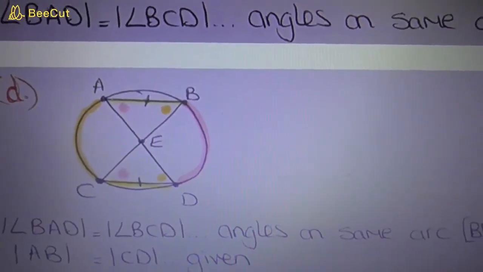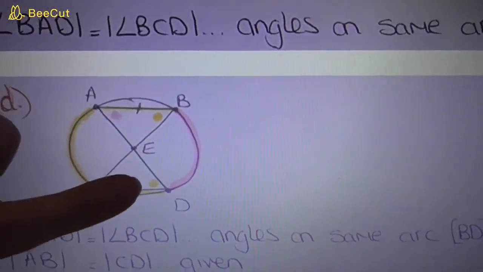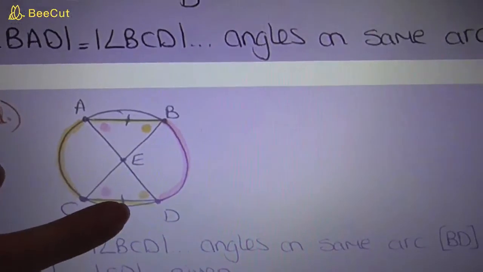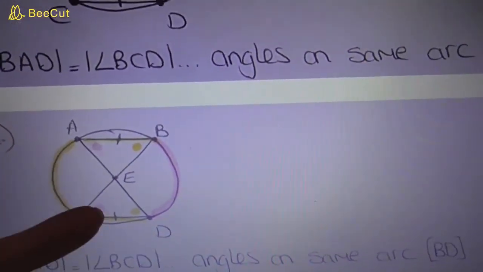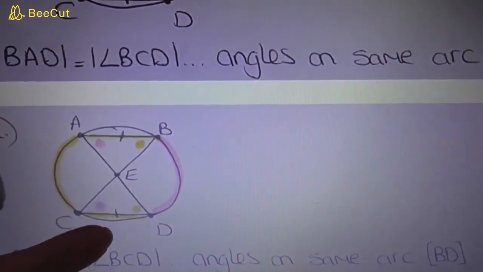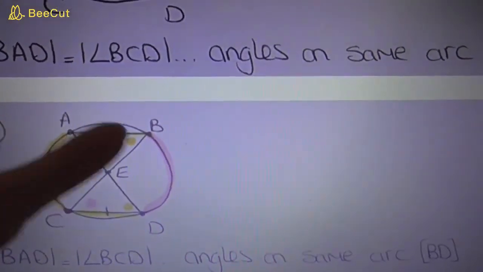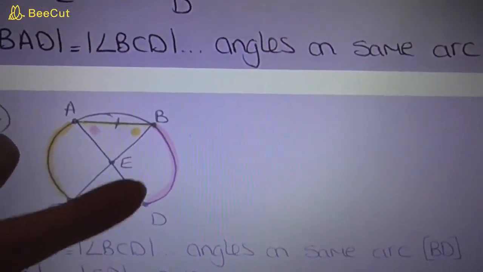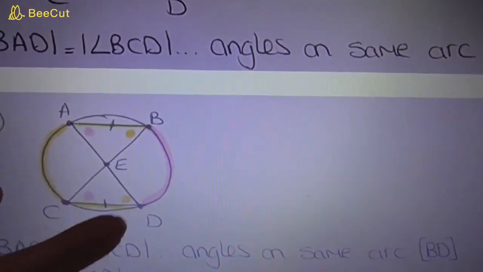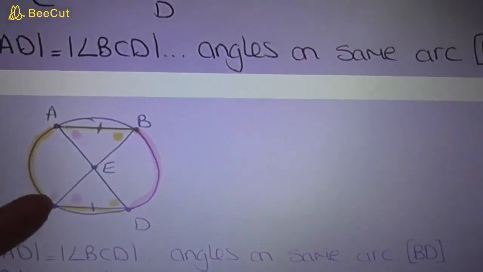So what do I know? I know that the length of AB is the same as the length of CD because that was given to me in the question. I do also know that this angle is the same as this angle because in part C of the question I was able to state the two of those are equal to each other because they both sat on this arc BD. I also know that this orange angle is the same as this orange angle because they both sit on the arc AC.